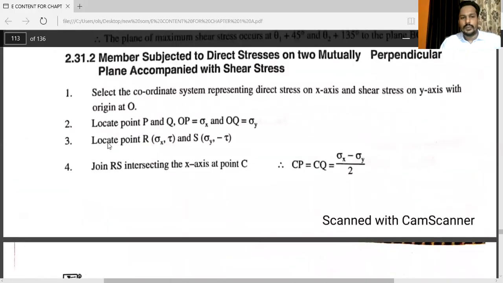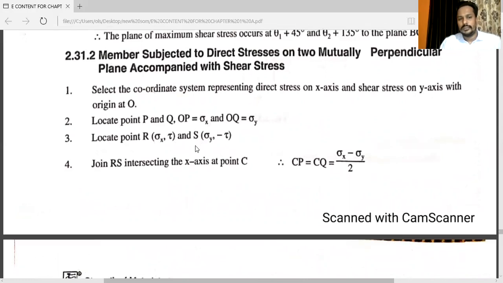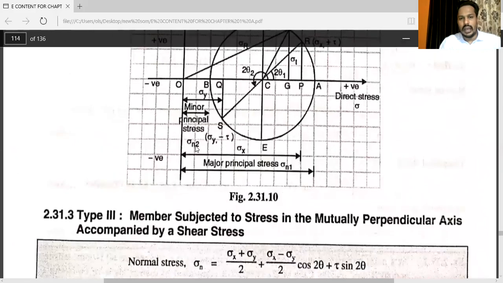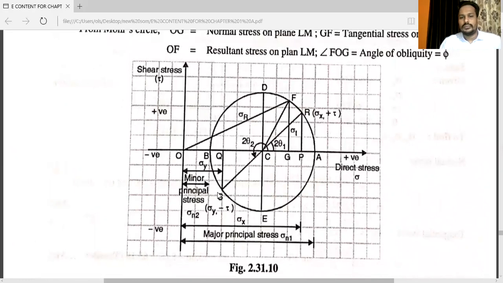Next, locate points R and S. That is very, very important. See the points R and S. We have the P and Q points.